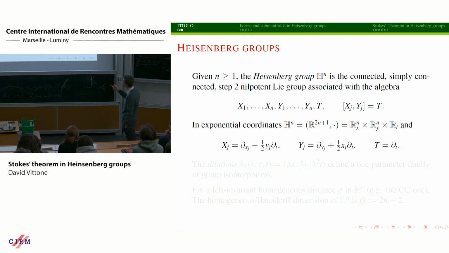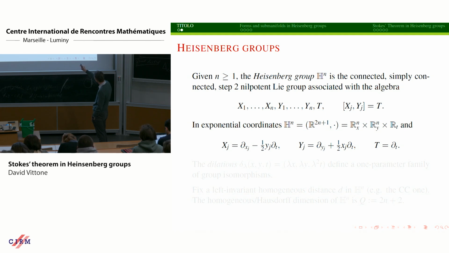Of course, we can always identify Hn via exponential coordinates with R^(2n+1), so 2n+1 is the topological dimension, with some group law, which is irrelevant for our purposes. I will put coordinates on R^(2n+1) as (x, y, t).